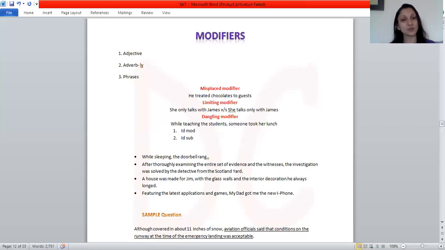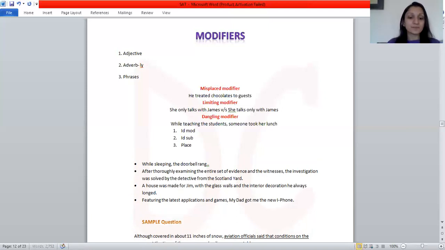So you ask yourself, who's teaching the students? Yes. If the sentence starts like "creating history," we should know who's creating history. While teaching, who is teaching? So I need to know the subject that goes to the modifier. Third, you place them next to each other.